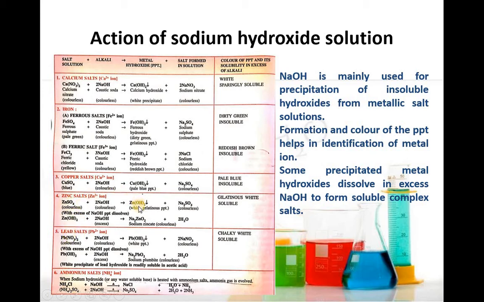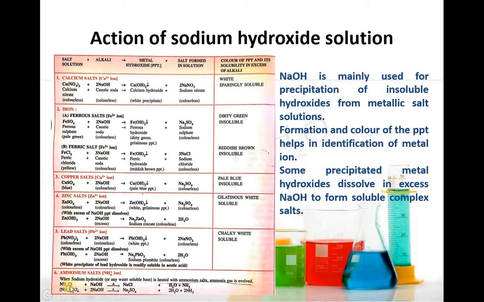In the first case, zinc will give you white gelatinous precipitate, lead will give you chalky white precipitate. Now both are soluble. Now you can check whether these hydroxides are soluble in acetic acid or not. White precipitate of lead hydroxide will be soluble in acetic acid. So this will give you one differentiation between lead hydroxide and zinc hydroxide. If you are unable to understand what you mean by gelatinous and chalky, you can check with the acetic acid.